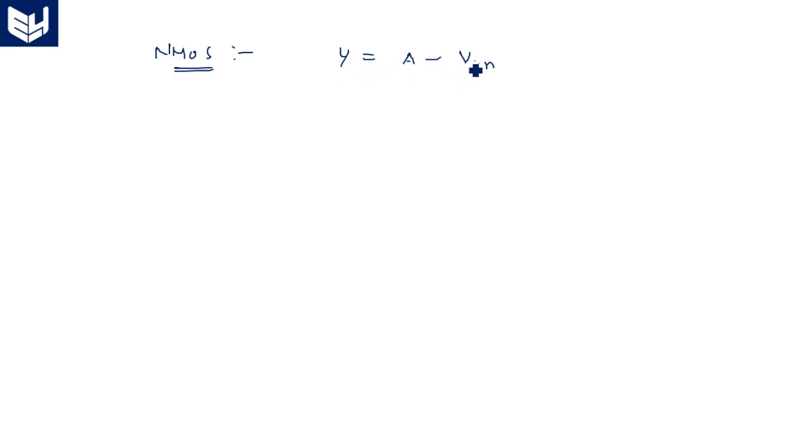So Y is equal to A minus VTN when the control input is 1. Y is equal to open circuit when control input is equal to 0.